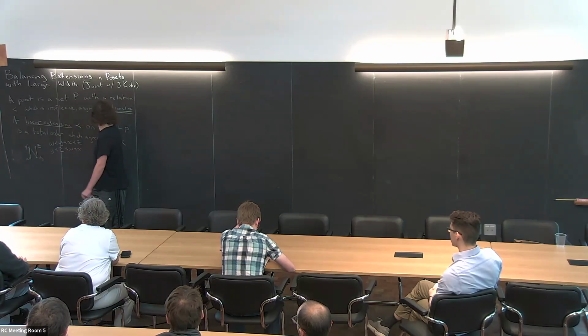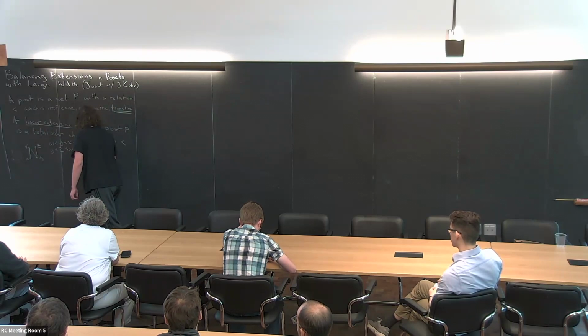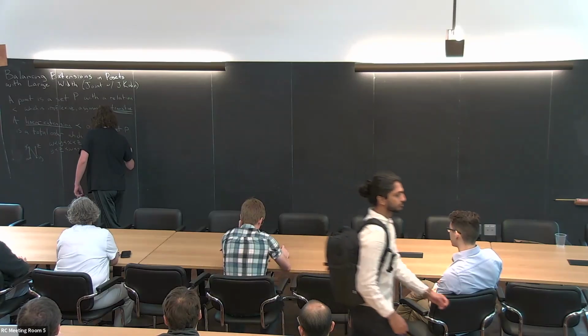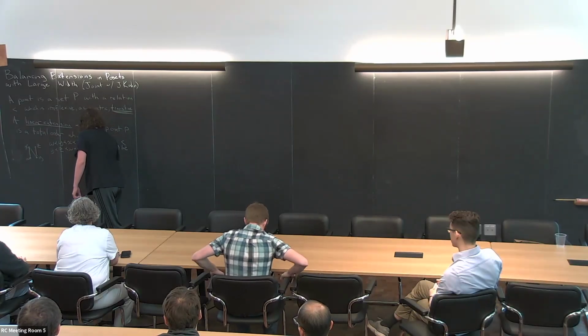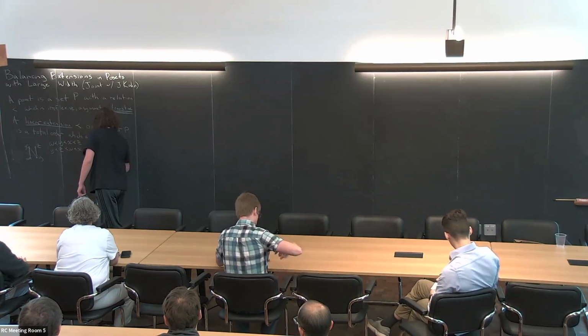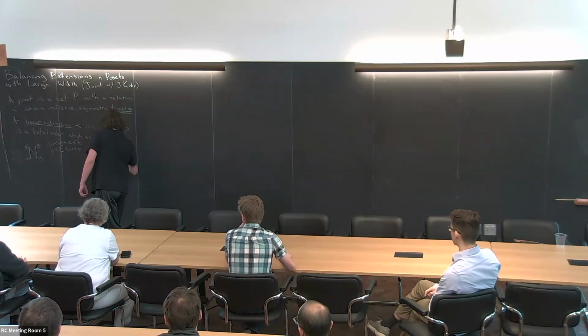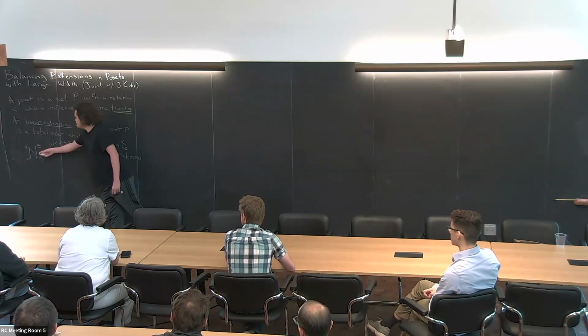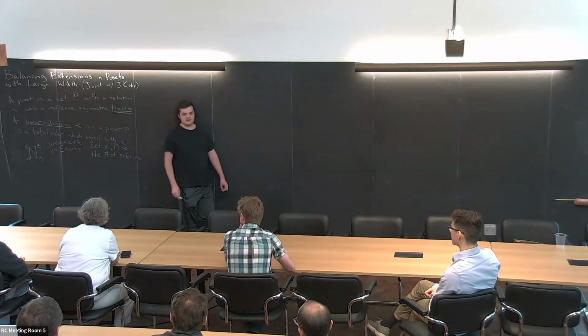Cool. So let's let little e of P be the number of extensions. I'm going to write extensions for linear extensions from now on. So how many linear extensions are in this N poset here?